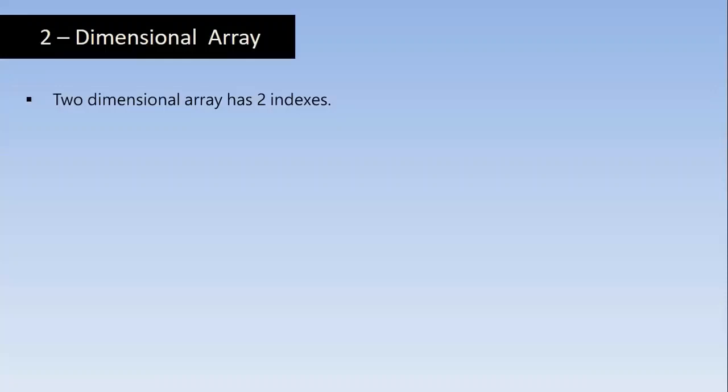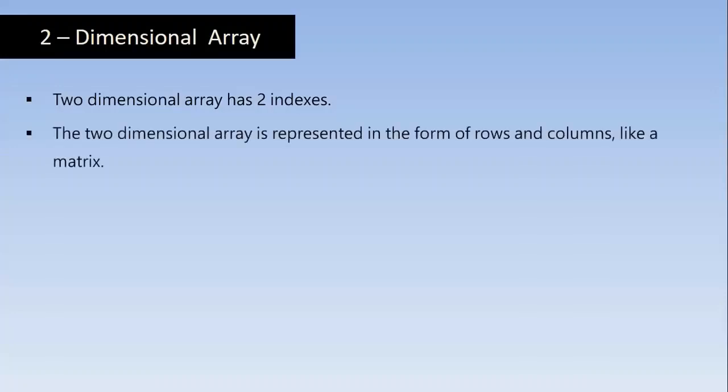So in two-dimensional array, we have two indexes. The two-dimensional array is represented in the form of rows and columns like a matrix. So if you are aware of the matrix, how the elements are arranged in a matrix, same way a two-dimensional array is going to have the elements.